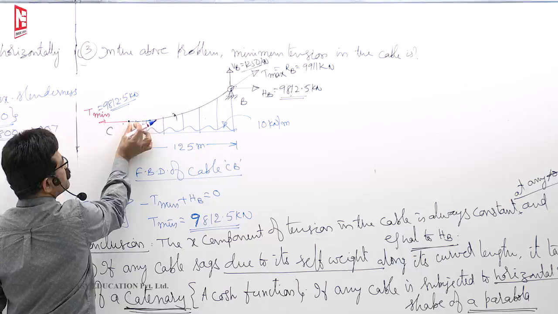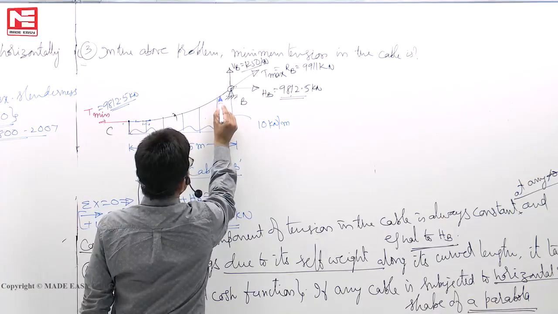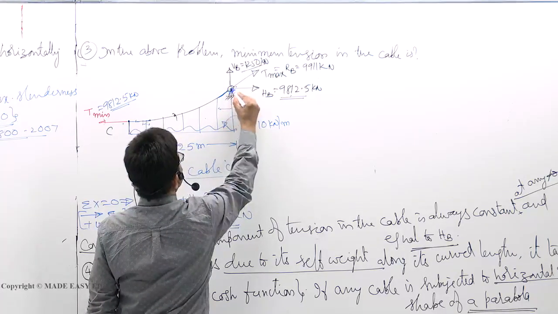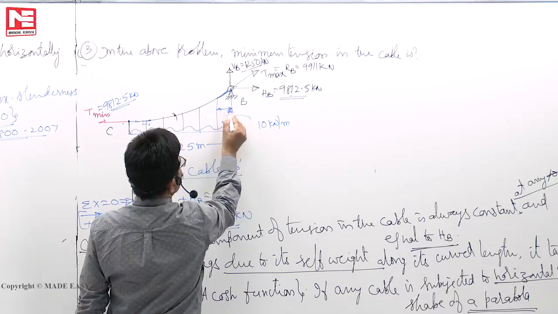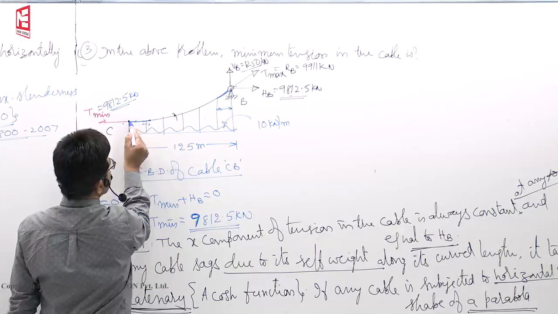Here is the minimum load, here the maximum. For the same projected length dx, an inclined length of cable acts, whereas here it is almost a straight line.